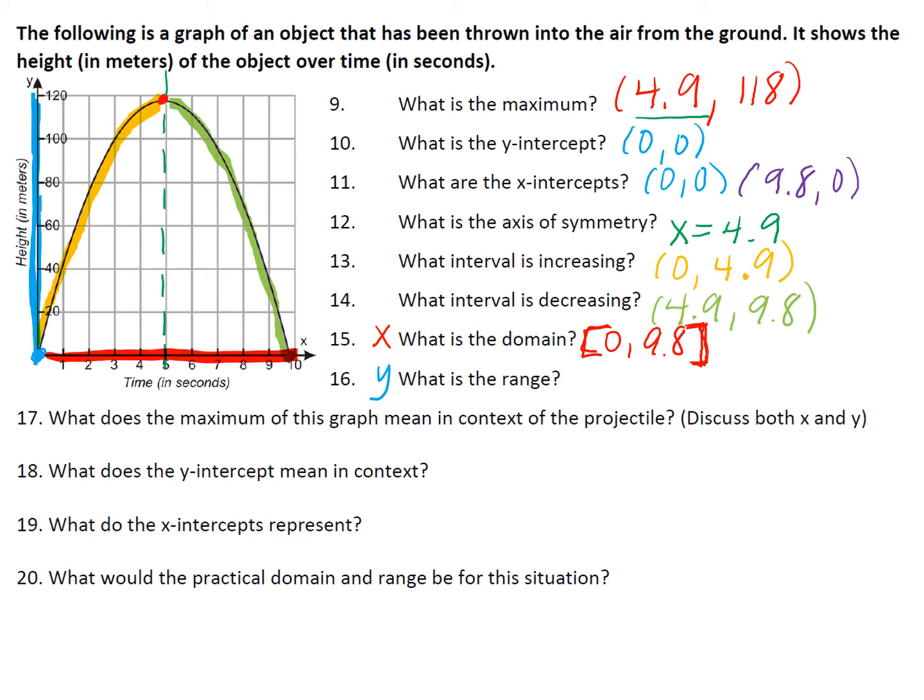And so we're looking at those. Again, it doesn't go all the way to 120. That may look like I went a little too high. And I think I estimated that was up to 118. So we can say our range is from 0 to 118.